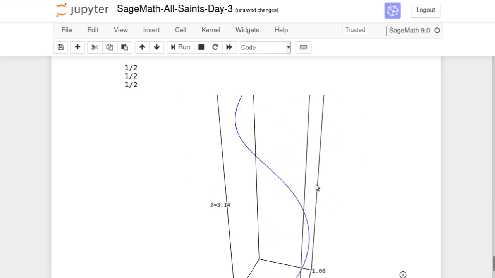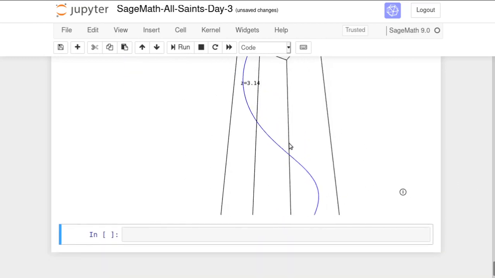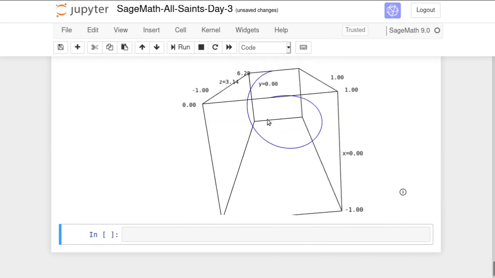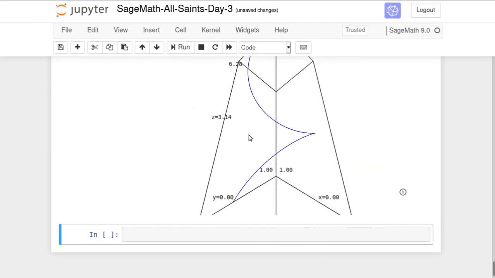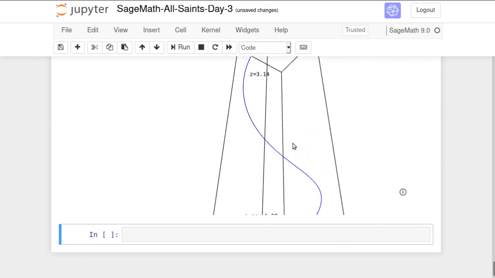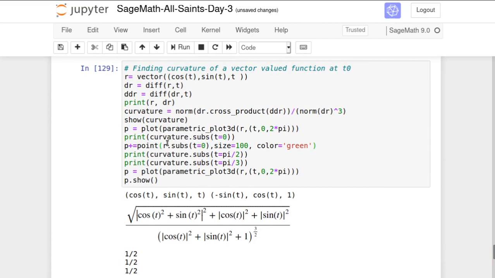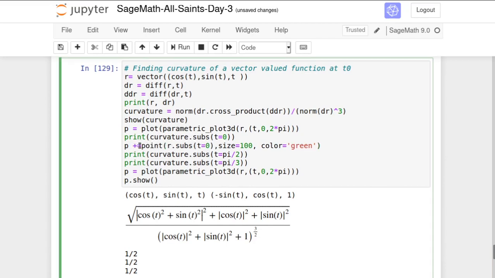Oh, why is that point not appearing anywhere? Is it coming anywhere? Did I add? Okay, let me see. P plus equal to point. That's correct. P plus equal to point, substitute R dot substitute, t equal to 0.